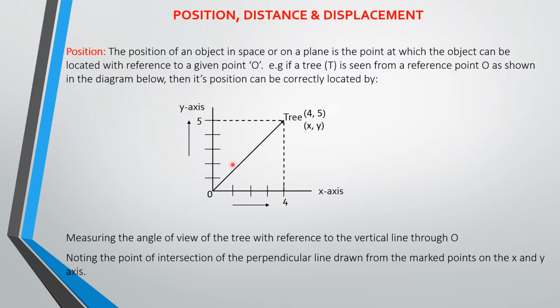Also, you can measure the position of this point by noting the point of intersection of the perpendicular lines drawn from the marked points on the X and Y axis. So this is the point of intersection. Basically, that is how you can locate the position of an object.